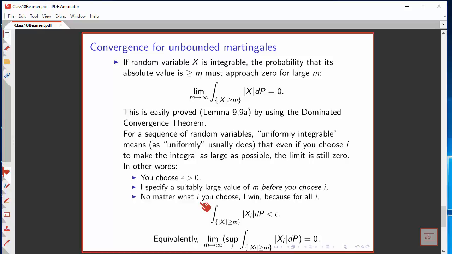This sequence of random variables is uniformly integrable. If, on the other hand, no matter what m I choose, you can always choose an x sub i for which this quantity is greater than epsilon, then each of the individual random variables in the sequence might be integrable, but the sequence itself is not uniformly integrable.